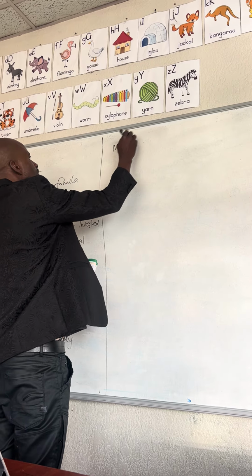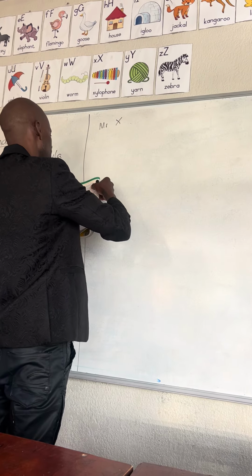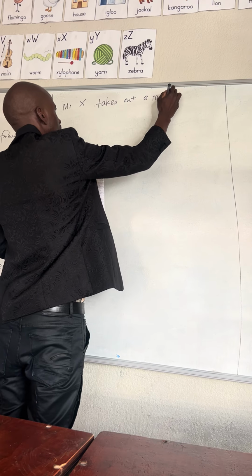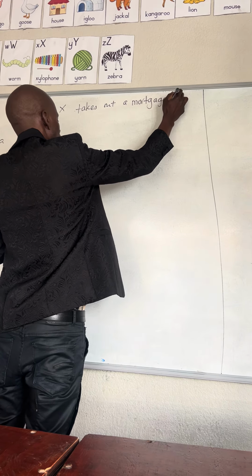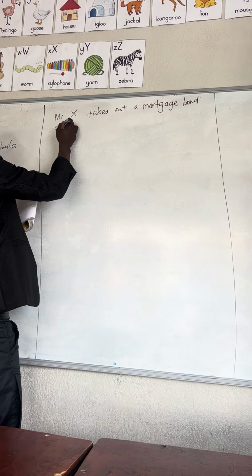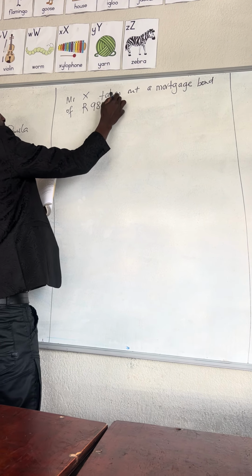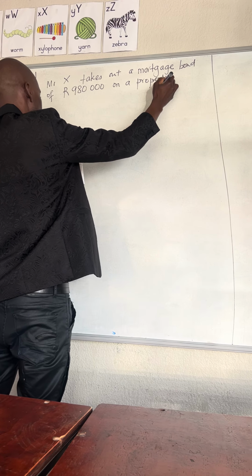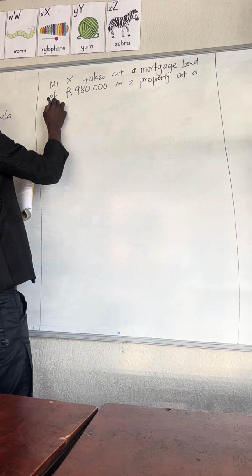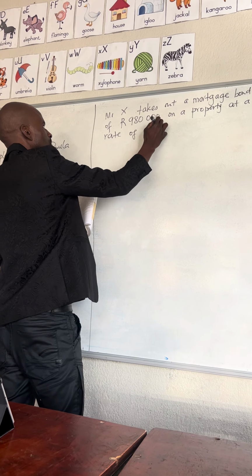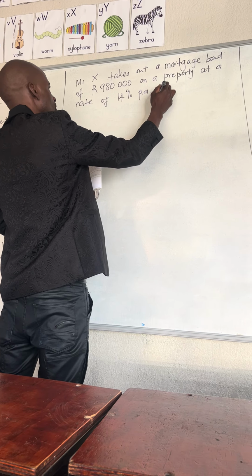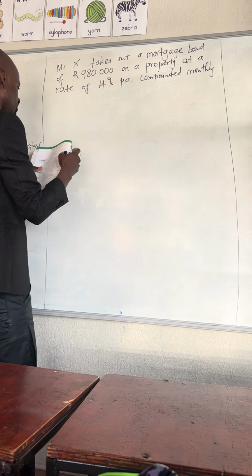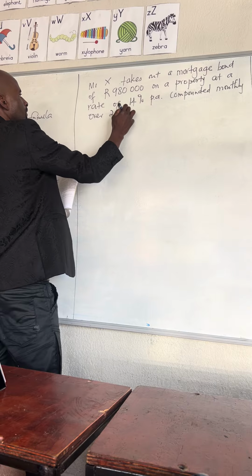Mr. X takes out a mortgage bond of 980,000 on a property at a rate of 14% per annum, compounded monthly over 25 years.